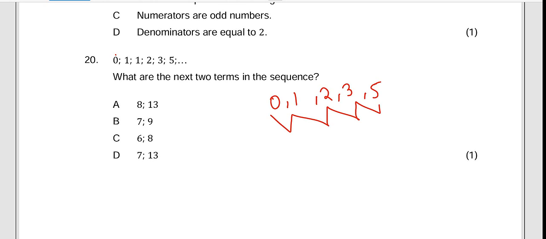From 0 to 1, 1 minus 0 is 1. 2 minus 1 is 1. And then 3 is 1. And now we have 5. Guys, it's going to be an issue now because 5 minus 3 is 2.